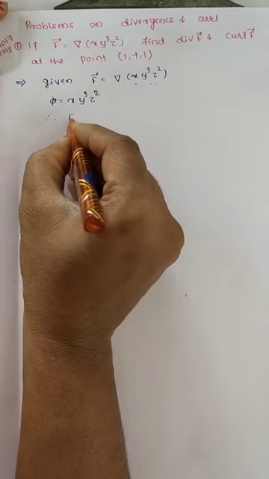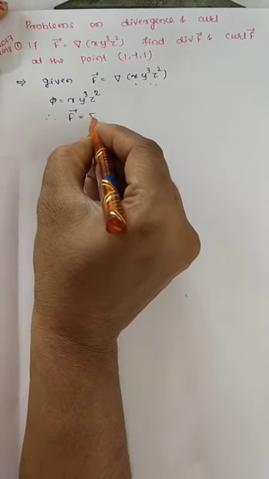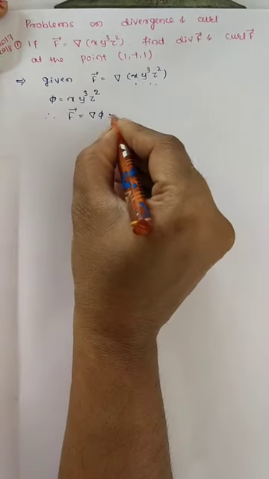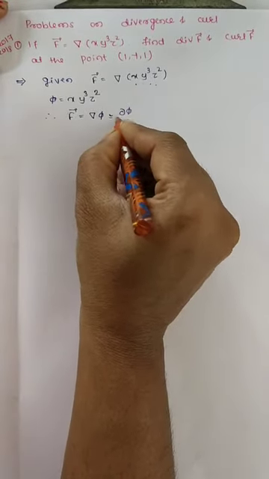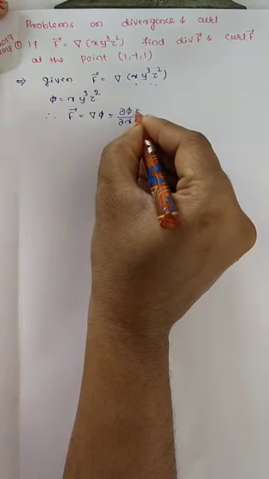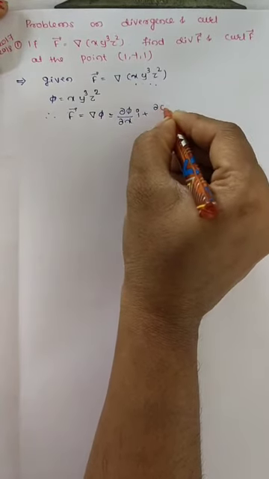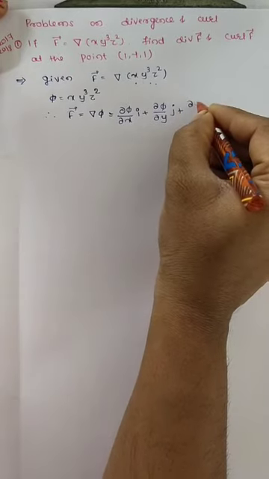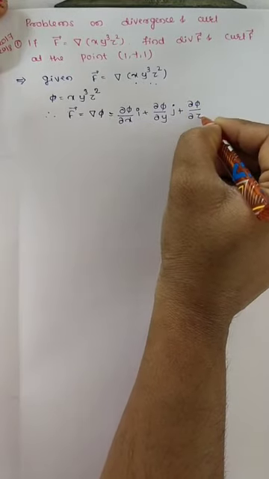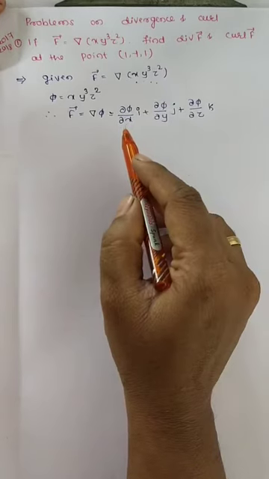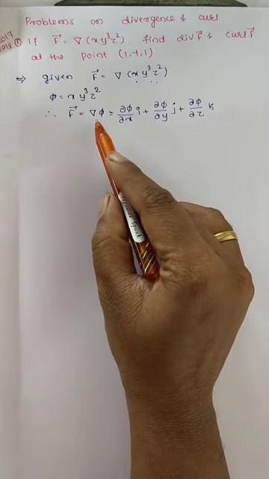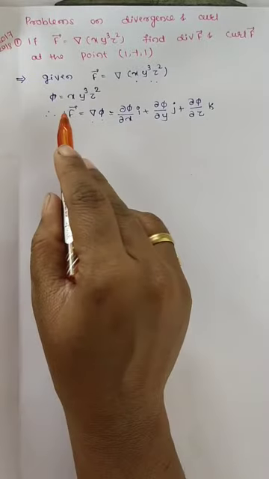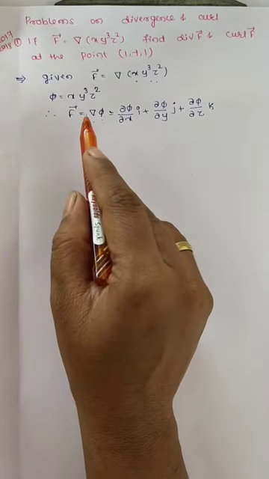Therefore, the given f becomes del phi. Del phi, as we already know, is dou phi by dou x i plus dou phi by dou y j plus dou phi by dou z k. If we apply del to our phi, then we get the vector f.